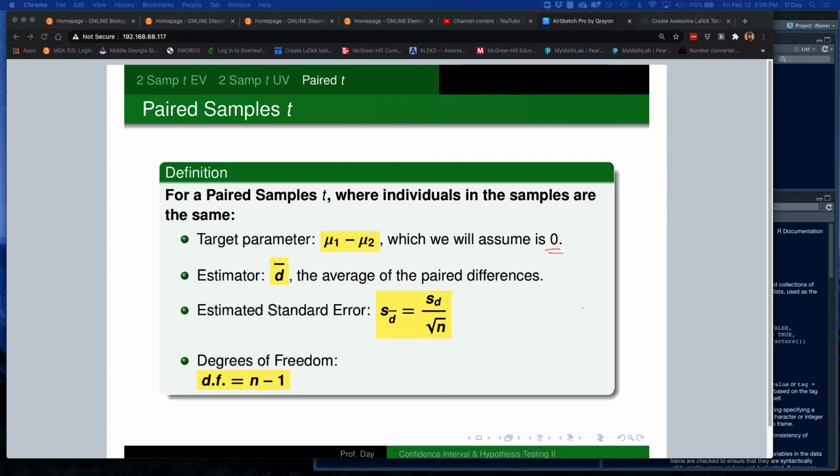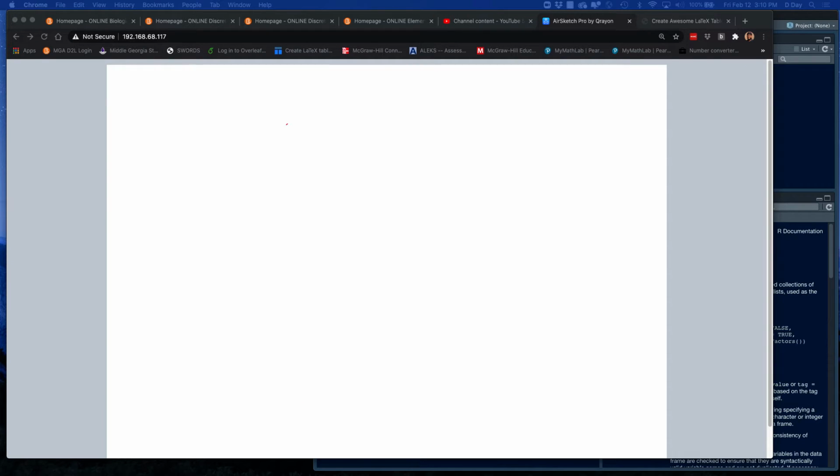So basically what we're going to have here is a column or row of data from the before picture, and a column for data from the after. And for each one of those participants, let's say you have the before sample and an after sample.